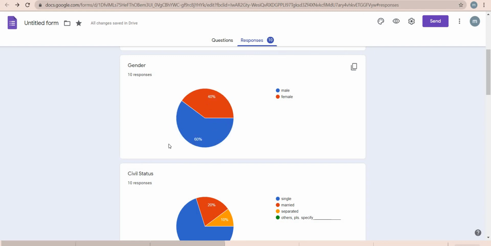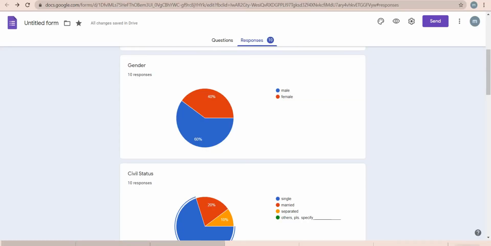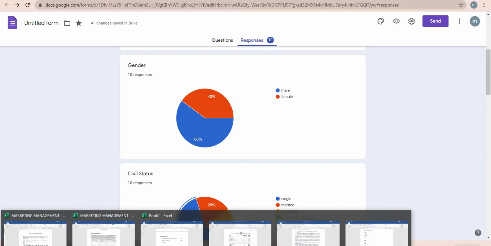So, makikita natin dyan, kung hindi allowed sa inyo ang gamitin ng graph, ang gagawin nyo na lang is kunin nyo ito. Yan. 6 and 4. 10 kasi yung respondents niya. Okay? So, punta tayo sa Excel.